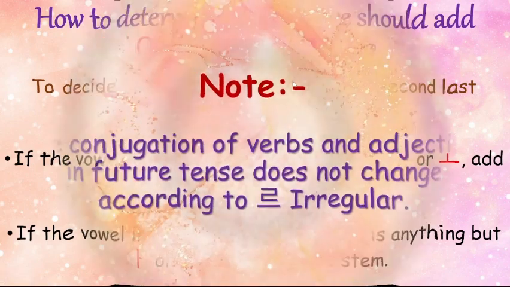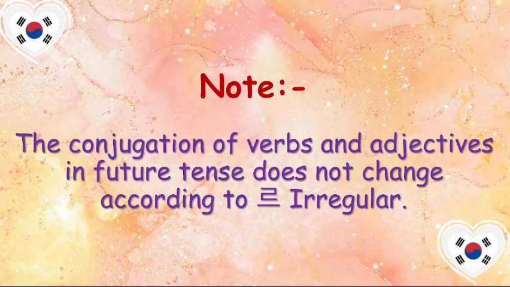Okay, now let's look at this note. This says that the conjugation of verbs and adjectives in the future tense does not change according to irregular. What does this mean? See, we just saw the rule that this irregular is applied only when an ending starting with either a or o is coming to get attached to the stem.